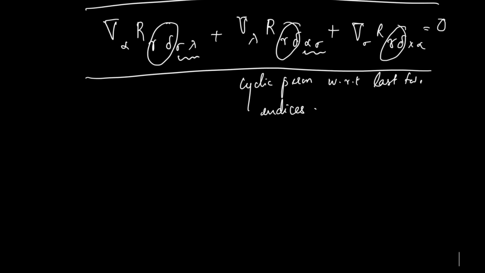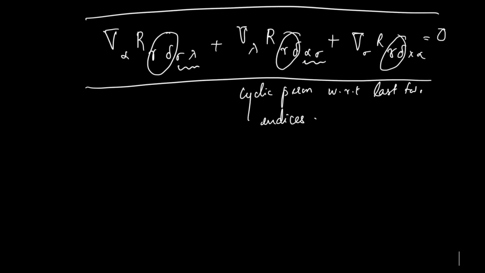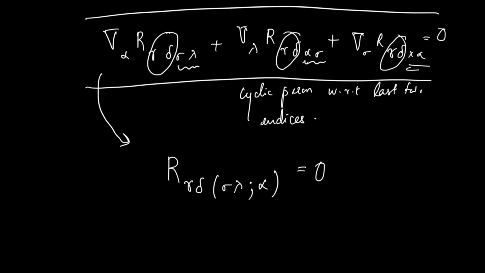So this I can write in another notation like R gamma delta. No, I am only changing, see here, sigma lambda, alpha sigma. Only the last two are getting changed. So that I can write as sigma lambda. Then semicolon represents covariant differentiation with respect to alpha is equal to 0. So this is another notation for this equation.